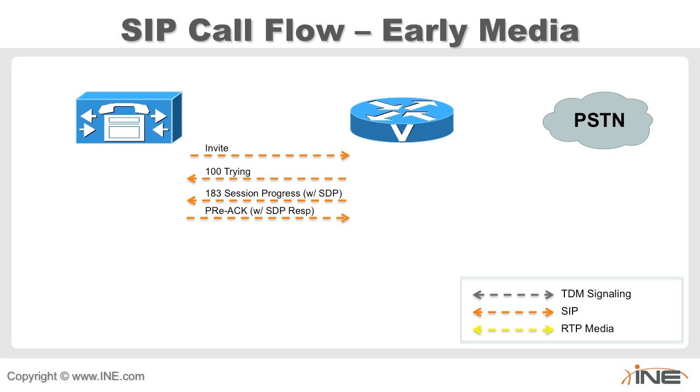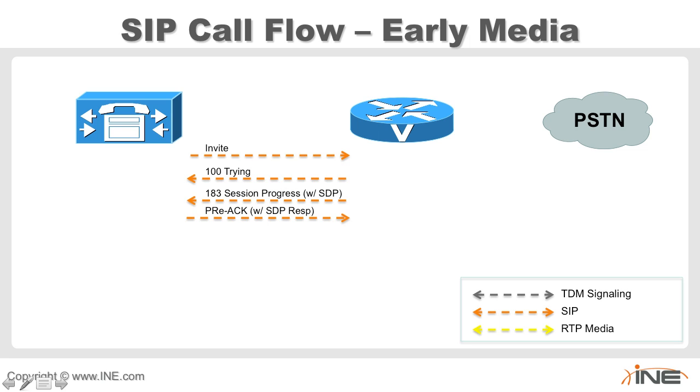Okay, so there's two ways that we can enable it in CUCM. Support REL 1XX, so the 183 and 180 messages support PRACK if there's an SDP, or support it regardless of whether there was an SDP or not. So go ahead and pre-acknowledge all messages like 180.